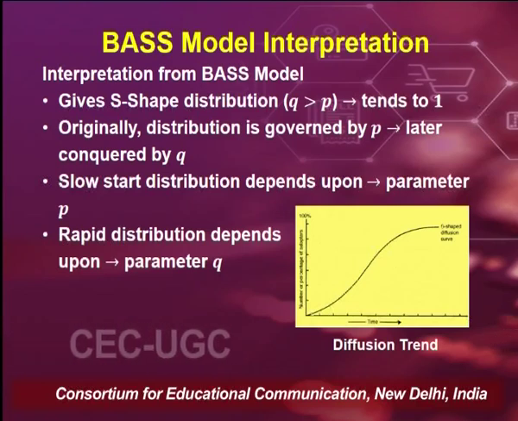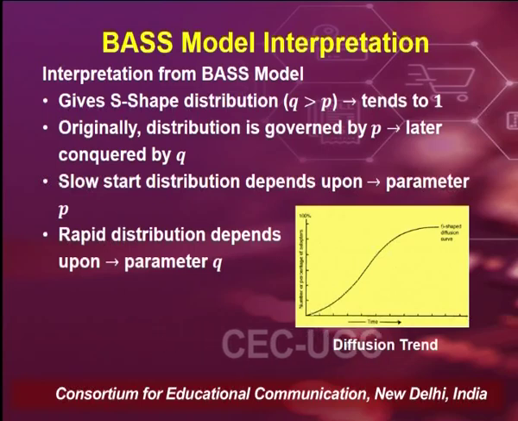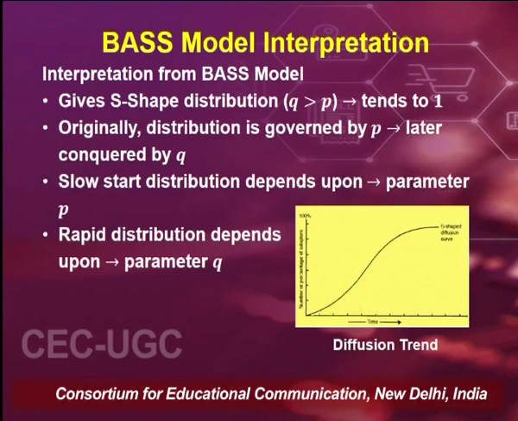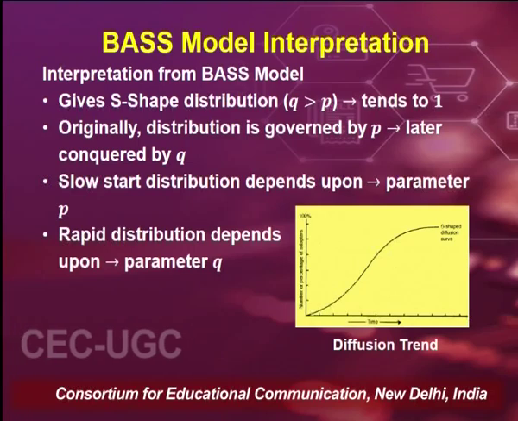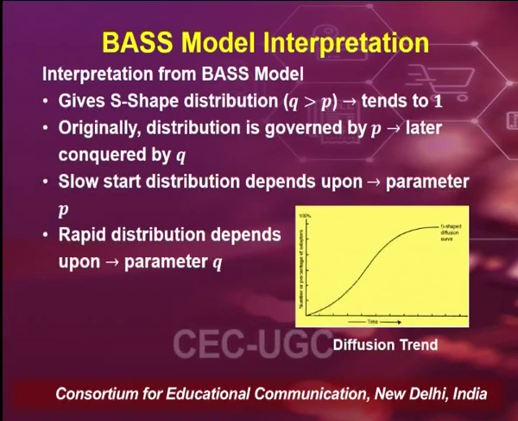So this slow start depends upon the parameter P in the first place, and then with the help of the parameter Q, the transition reflects a slow transition or a fast transition. So, the diffusion trend largely depends upon how the parameters P and Q are set.